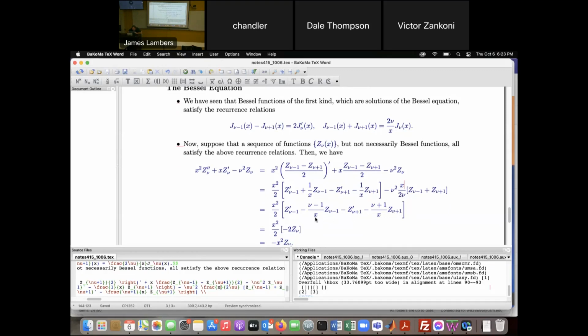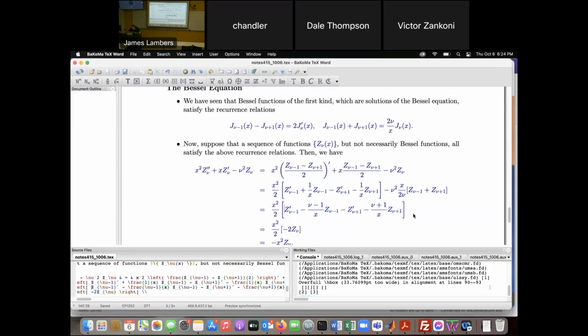To get from this step down to this step, I'm going to put in an intermediate step, just to make that clear.